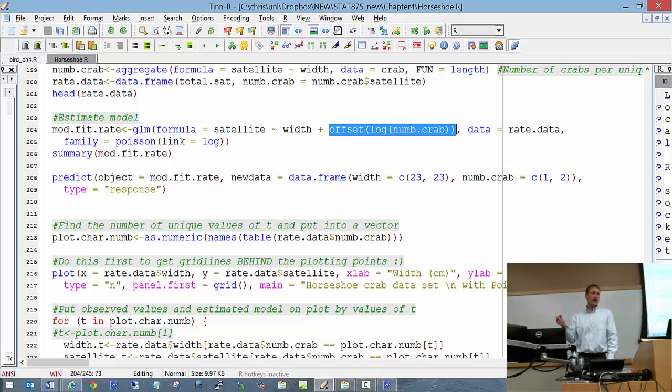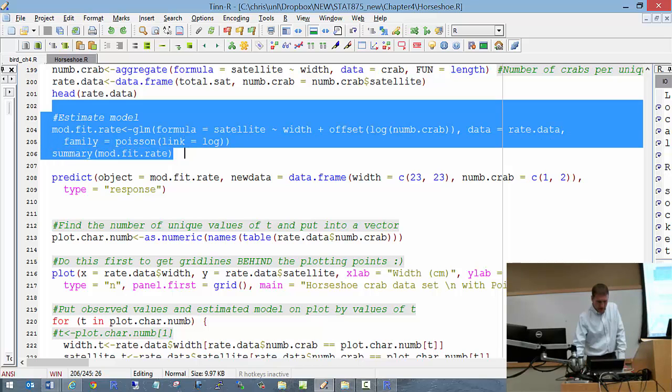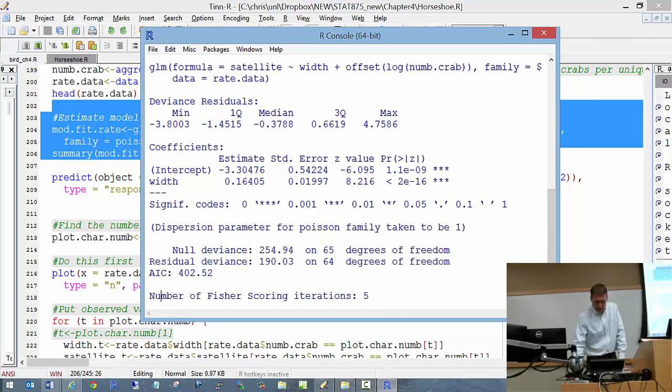It's an actual function in R that when used in a formula argument like this, it tells R, hey, don't estimate a beta for this term on the right-hand side of the model. Then I just specify where my data is, family equal Poisson, link equal log. And so if I estimate it, here's my output.